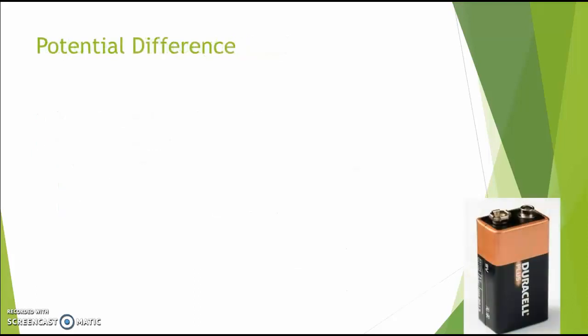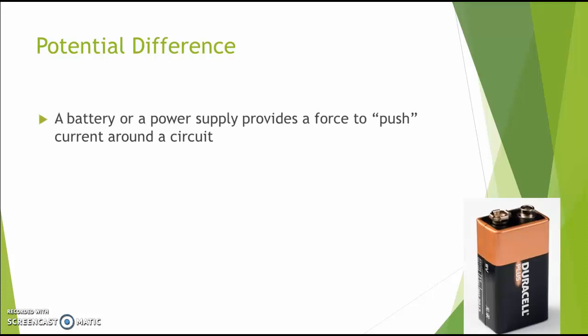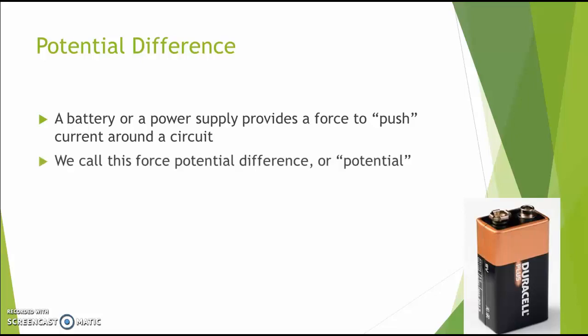Okay, so that potential source, potential difference. To have movement, we have to have something to push the things that move. And in a standard circuit, that would be the battery or the power supply that does so.